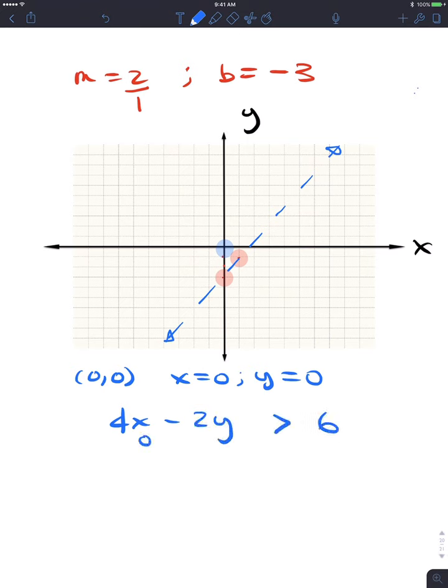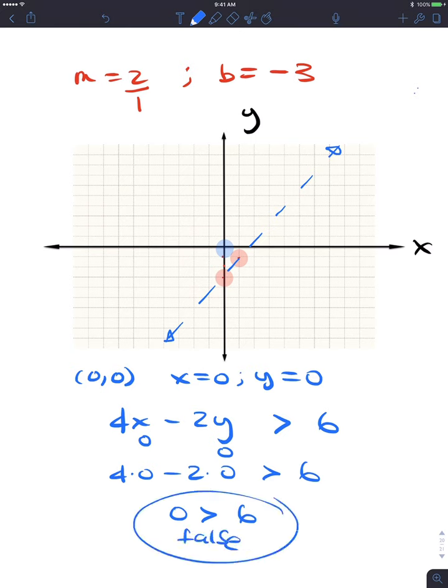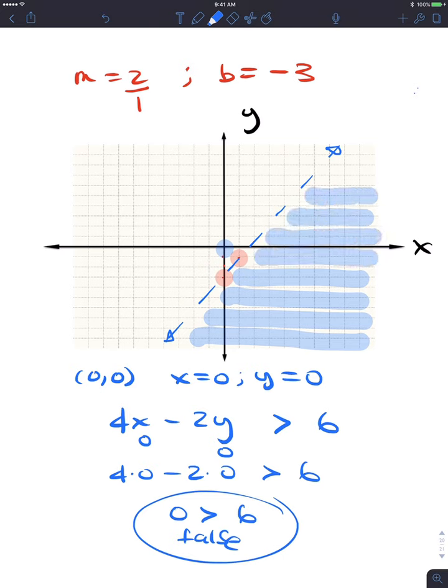So when I plug in my x value and my y value, I get 4 times 0 minus 2 times 0 is greater than 6. Really, I get 0 is greater than 6. A false statement. I get to shade the region that does not include my test point. I am done.